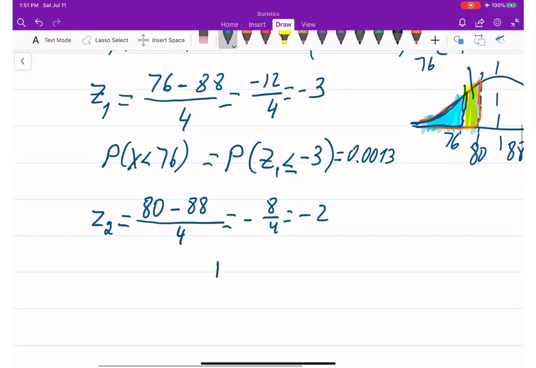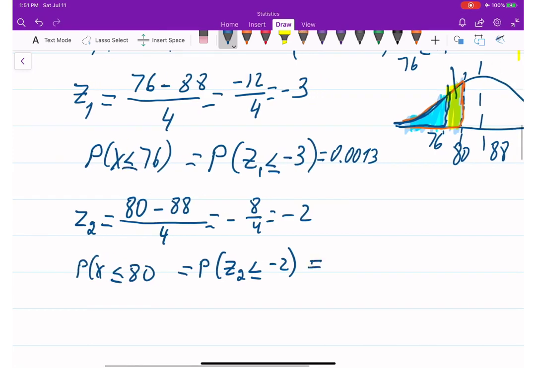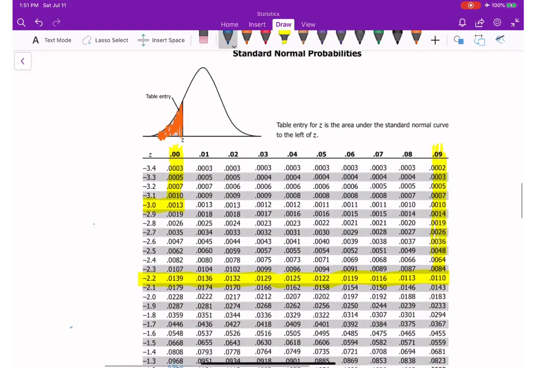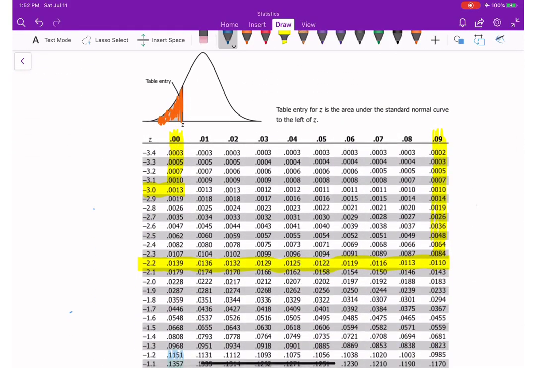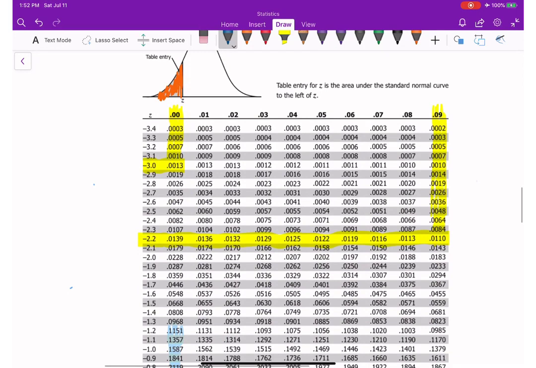So the probability of Z2 less than or equal to negative 2 is equal to the probability of x less than or equal to 80. We put equal here also, because it can be equal. Going back to the negative page again. Where is my negative 2? Right here.